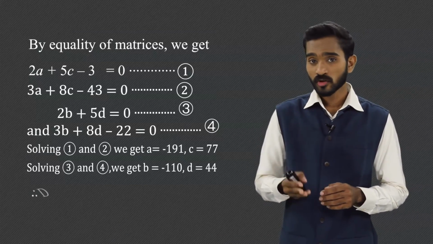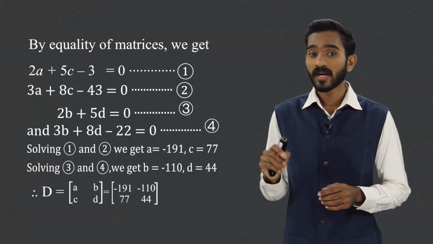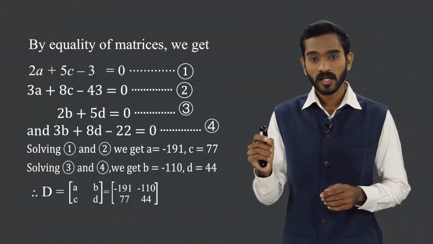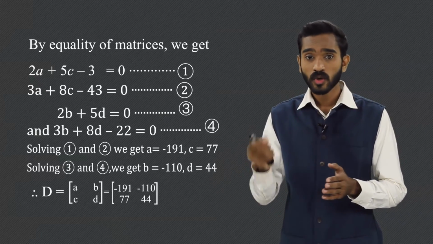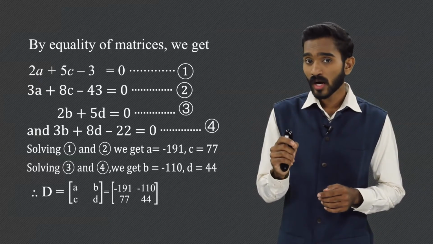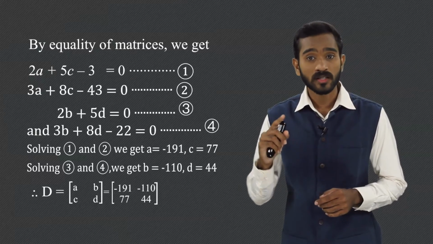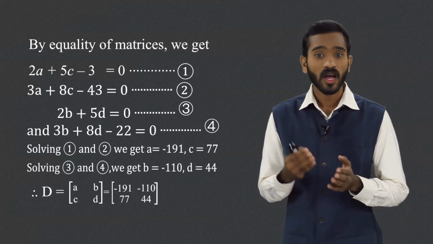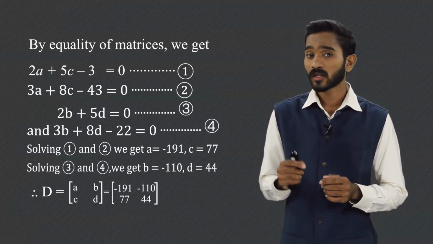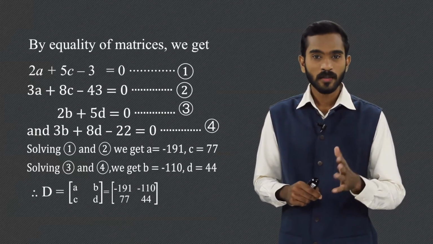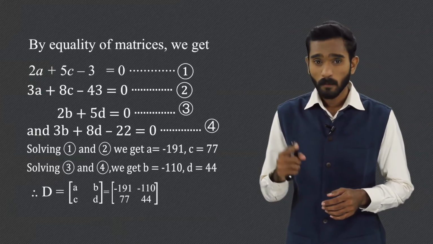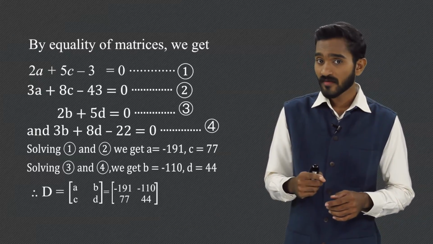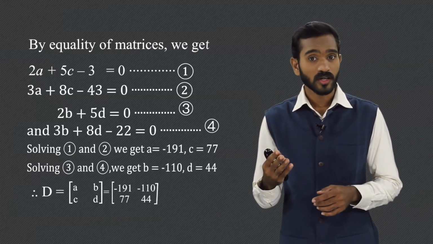Therefore, the matrix D is equal to matrix a, b, c, d of order 2 by 2, which is equal to matrix minus 191, minus 110, 77 and 44. Thus, the D matrix is equal to matrix minus 191, minus 110, 77 and 44. Thus, you have got 4 marks.